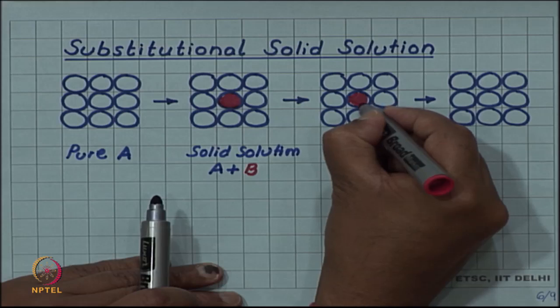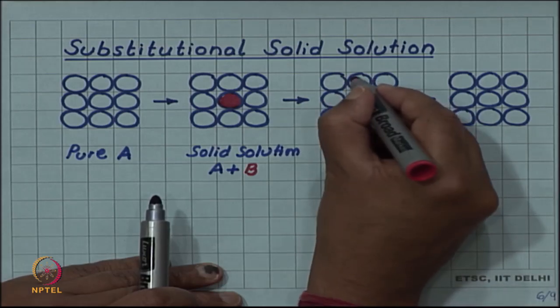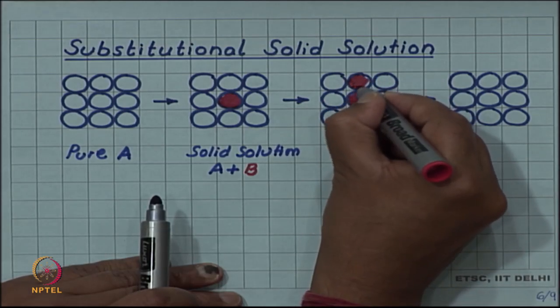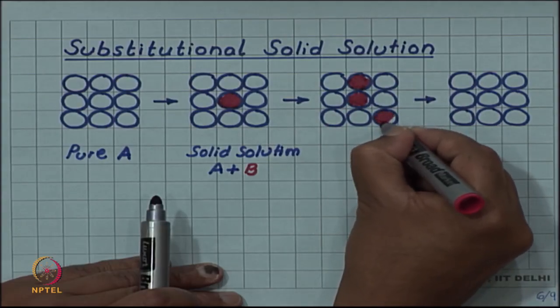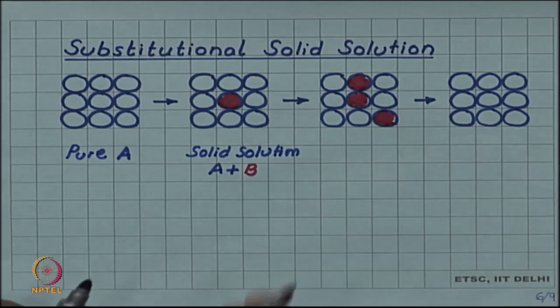In the last figure I had already substituted the central atom. Let me substitute some more atoms. So, I have increased the concentration of B.